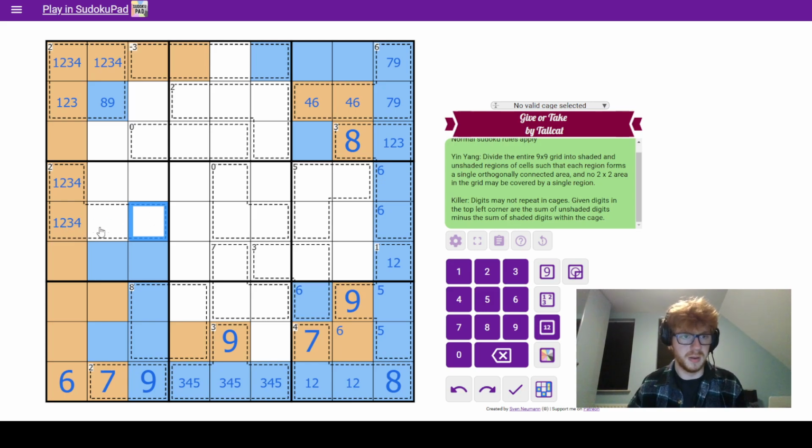And then the other is another 1, 2, 3, 4. But we have this now, which is cool. So either of these is 8 and the other one is this. Because they cannot both be 1, 2, 3, basically. So these cannot both contain the 8.